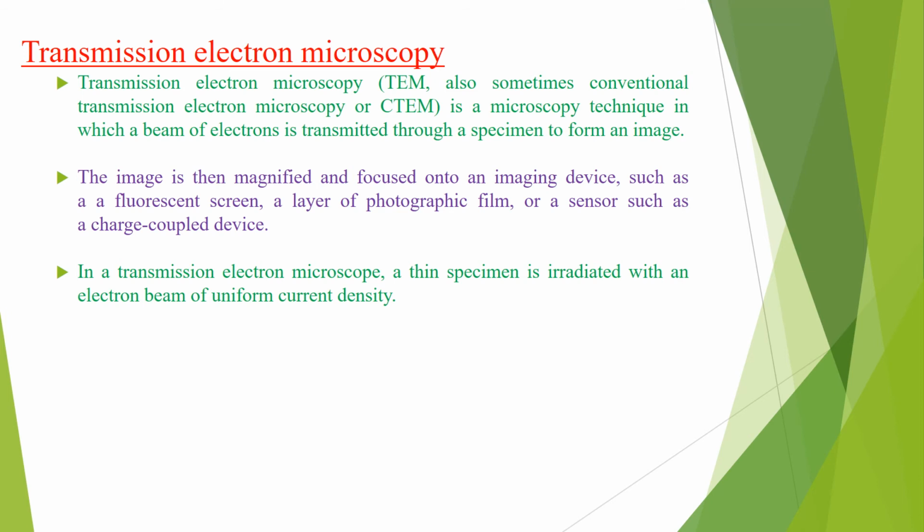Transmission electron microscopy. This is also known as TEM. Transmission electron microscopy, TEM, also sometimes conventional transmission electron microscopy, that is CTEM, is a microscopy technique in which a beam of electrons is transmitted through the specimen to form an image.